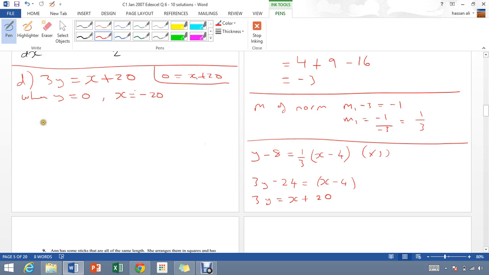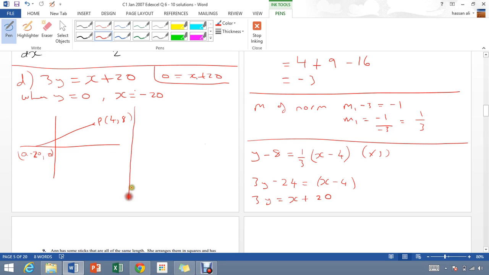Let's draw this out so you have a rough idea of what you're looking for. It's not to scale. You'll probably have a line like this. Let's say that's your point Q, at minus 20 and 0. And this is your point P at 4 and 8. So we have to find this length over here.